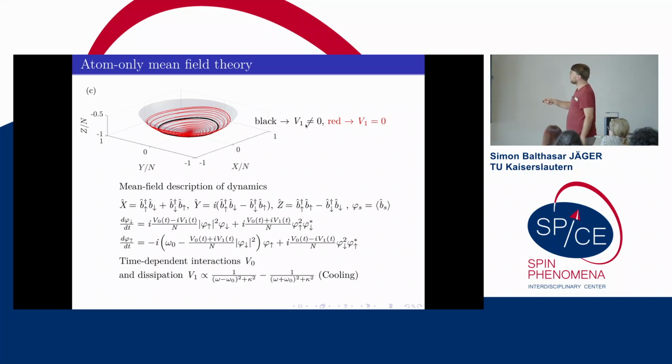So when I put V1 equal to 0, what I get is this red curve. So this is the full spin trajectory of x, y, and z. And you basically see it's a wide oscillation. There's no energy ever removed from this. While when you look at the black curve, which is V1 different from 0, you see a very nice limit cycle. So this really stabilizes this on a stable orbit.